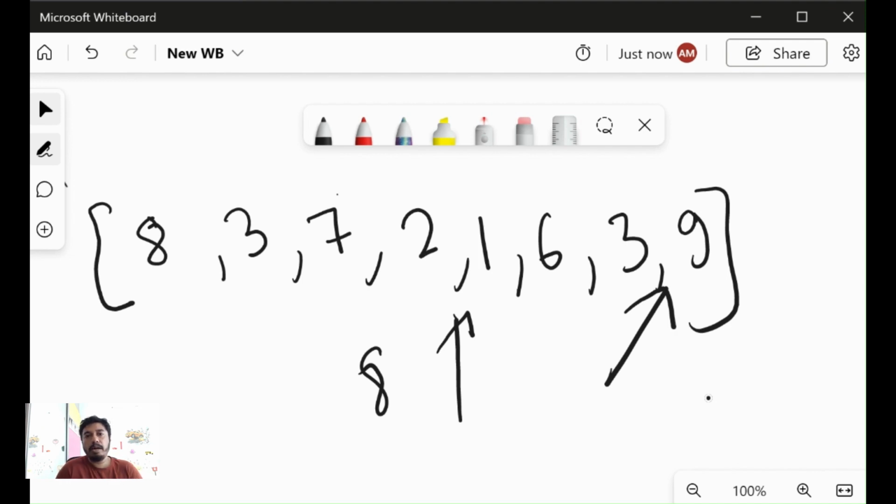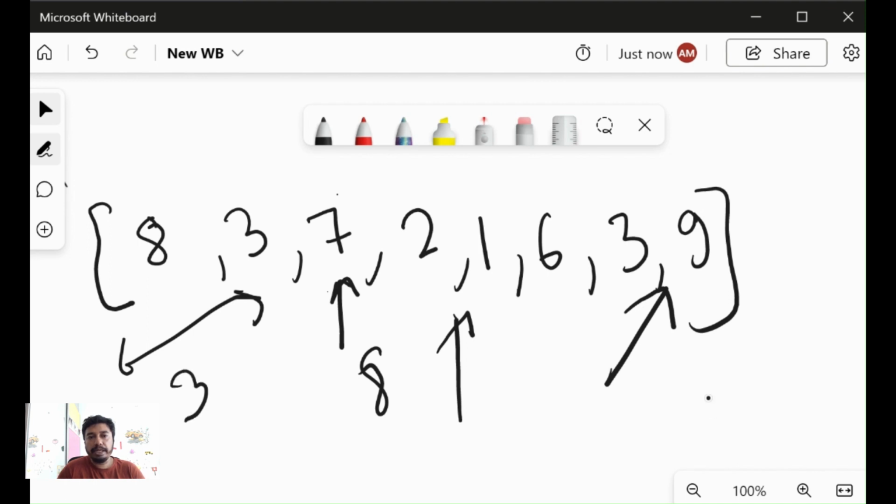But how do you go about solving this problem? One of the easiest approaches you can think of is, for each day I, find the day from 0 to I minus 1 which has the minimum price among 0 to I minus 1, and take that day as the buying price, and the selling price is the day I. For example, if I take my day I as 7 here, then from 0 to I minus 1, which is in this region, the minimum stock price is 3.